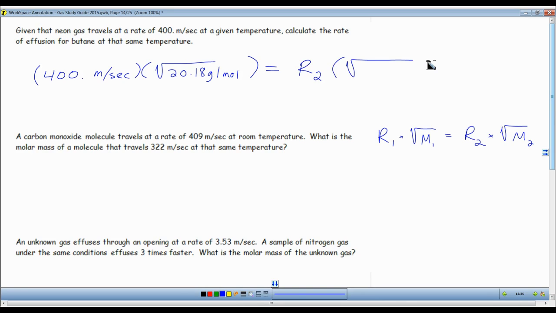Now, if you didn't know, I would tell you the formula of butane. Butane is C4H10. We're going to do a lab with some butane. All right, so you really just plug it in on your calculator. Carbon, 12.01 times 4, plus 10 hydrogen.